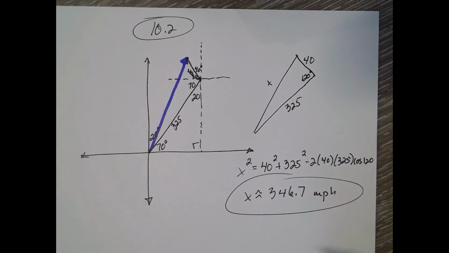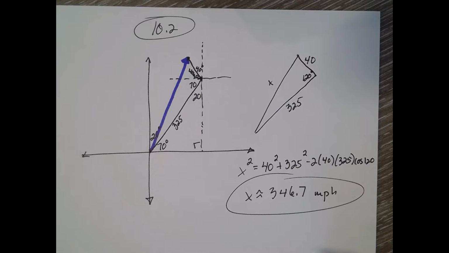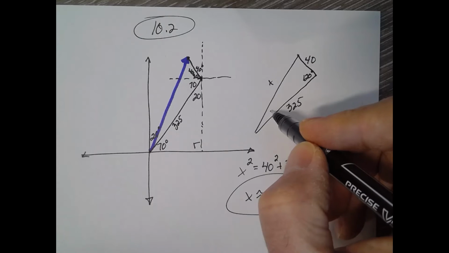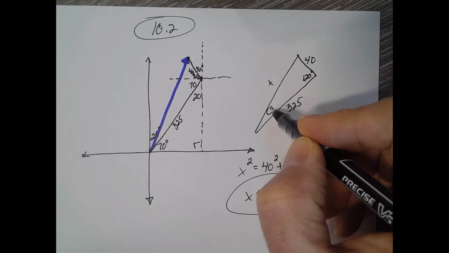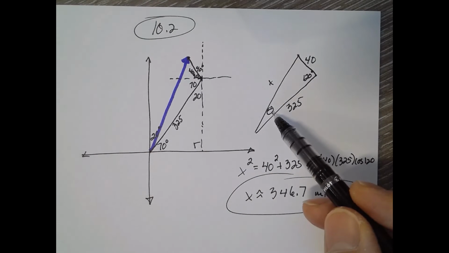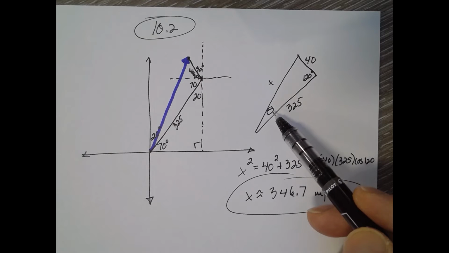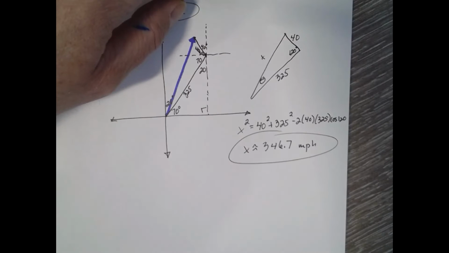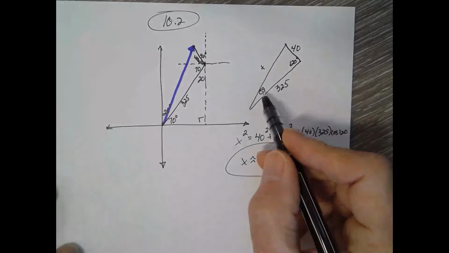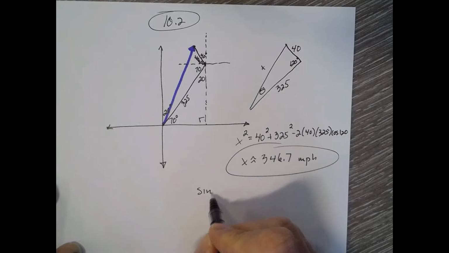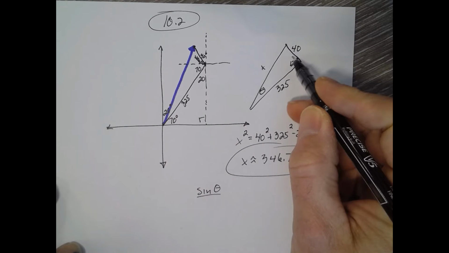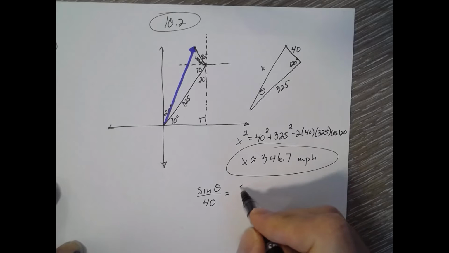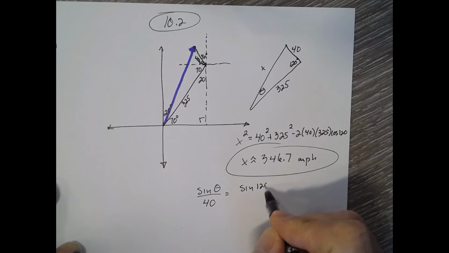We also want to know the direction of it. So we need to figure out what this angle is right there. I will call it theta. Okay, so we're going to have to use law of sines for this one. So we have theta, so I'm going to say the sine of theta over its opposite side, so 40, equals sine of 120 over x.